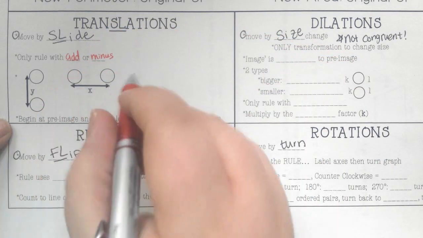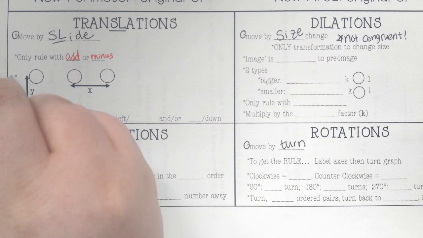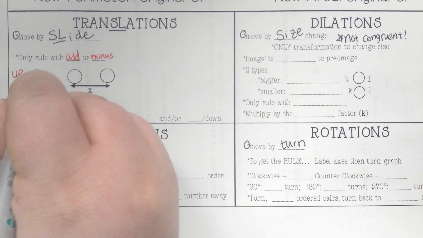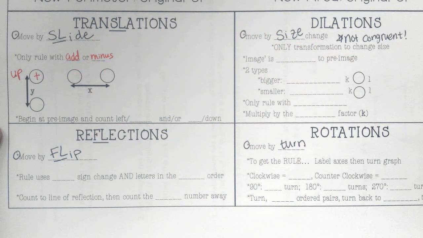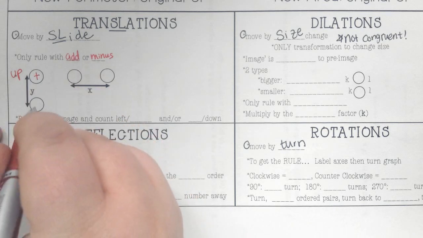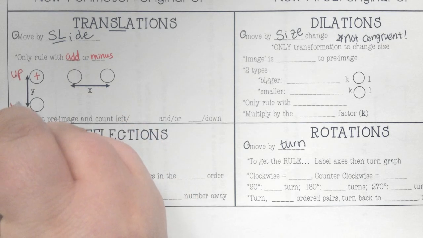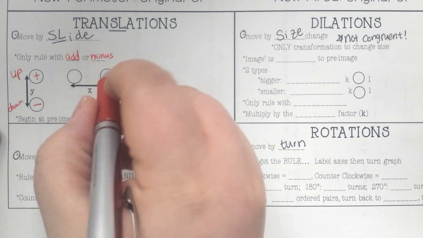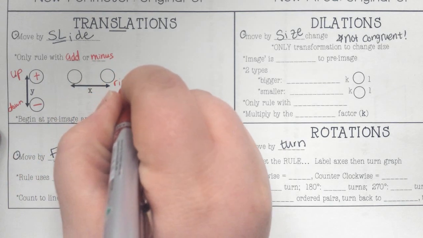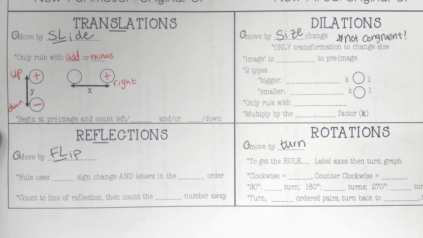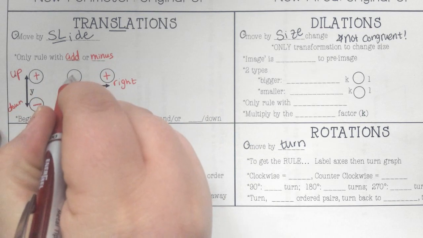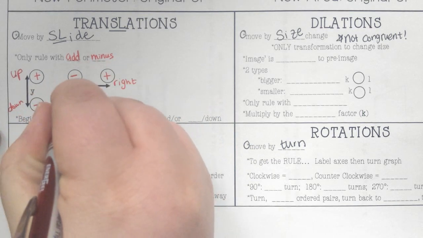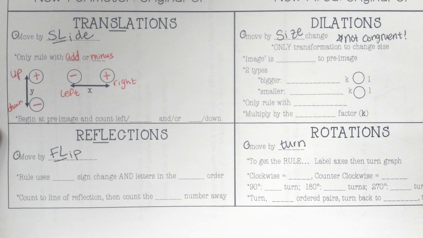Remember, if you were going to go up, you added something to the y value, and if you were sliding down, you minused something from the y value. If you were sliding right, you added something to the x value, and if you were sliding left, you subtracted something from the x value.